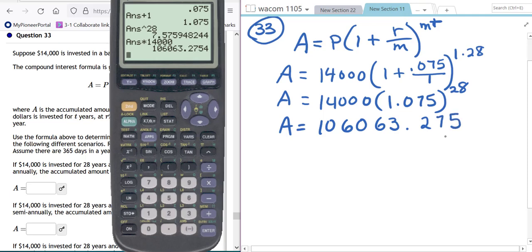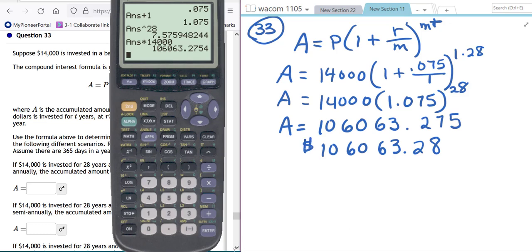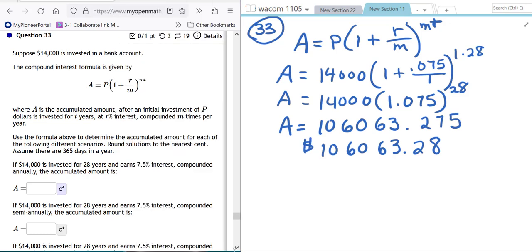All right. And money is usually to the nearest cent. The 5 is going to push us up. So there we go. Good. I'm only going to do one part on that one. And I'm going to try to fit in one more question.